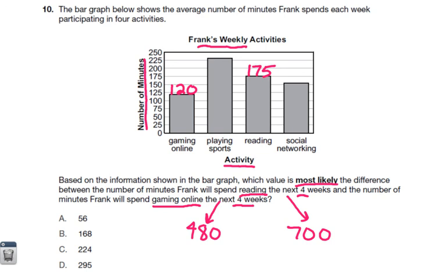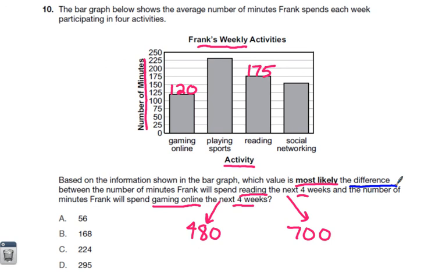And so let's see, they want to know most likely, I'm going to use a different color just for emphasis here, the difference, which means subtracting. So what's 700 minus 480? In other words, what's the difference between 700 and 480? Isn't it 520? No, it is not. It's 220. What the heck was I saying? See, again, people, this is why you just go to your calculator, which I will do now.